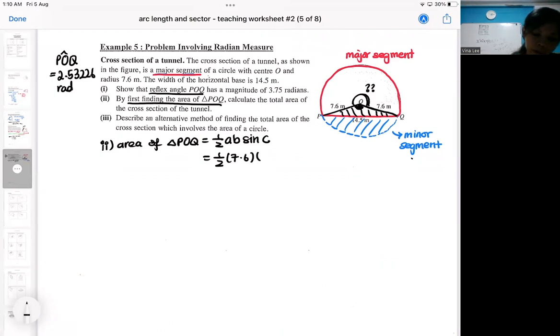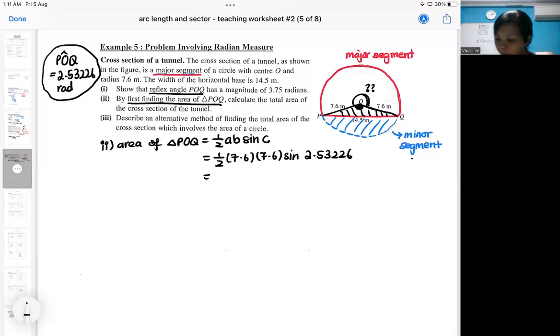So I should be using this one, not the reflex angle. Then go and punch the calculator.